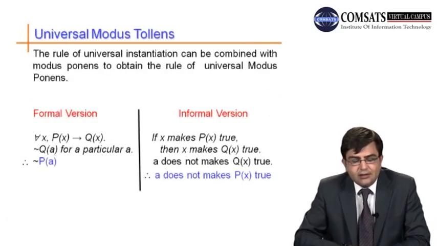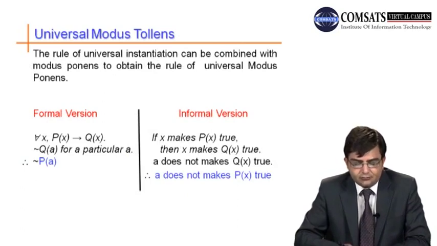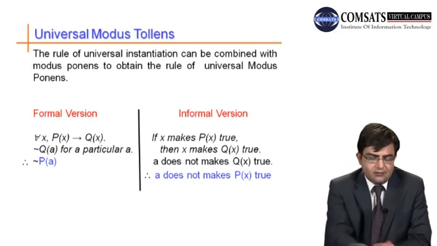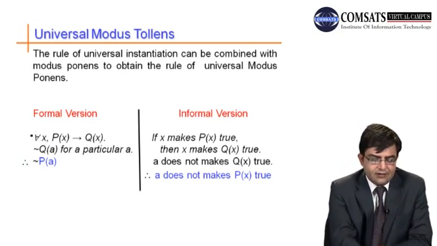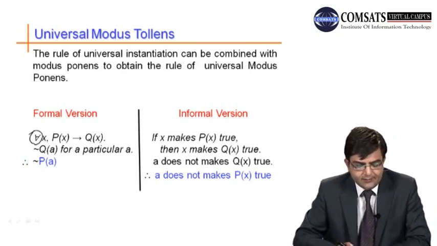Next we take the universal modus tollens. Like the usual modus tollens which we have studied in the previous lecture, in the universal modus tollens we introduce the universal quantifier for all x.